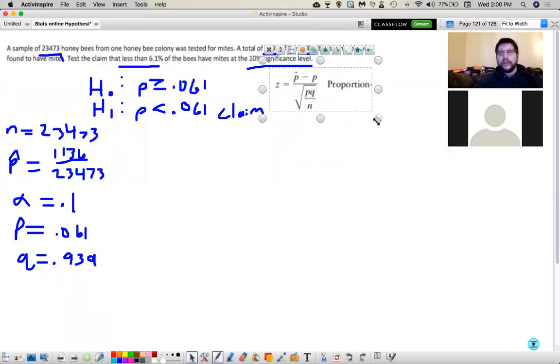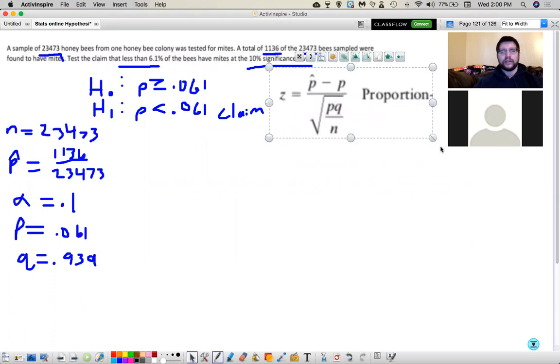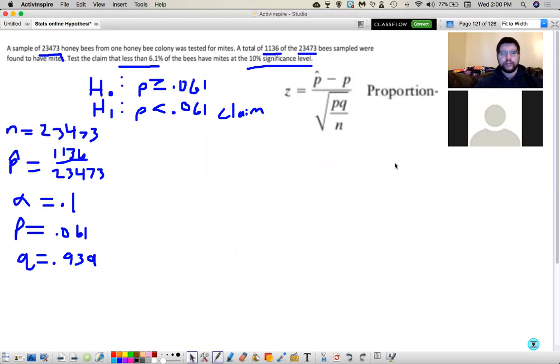So that's how we know to use the P instead of the X bars and the moves. So it's a proportion test. We've got P hat, we've got P, we got Q, we got N. All right, let's type it in here.